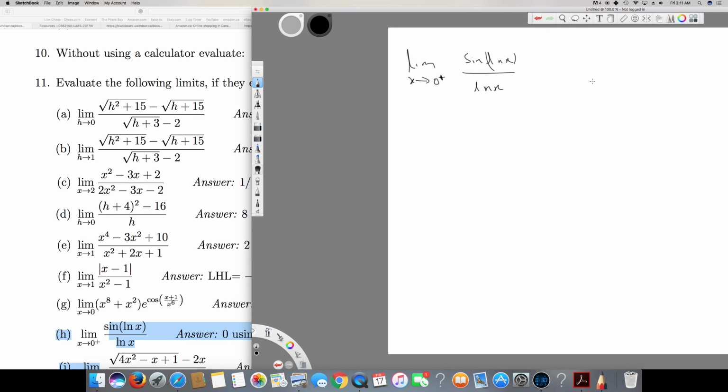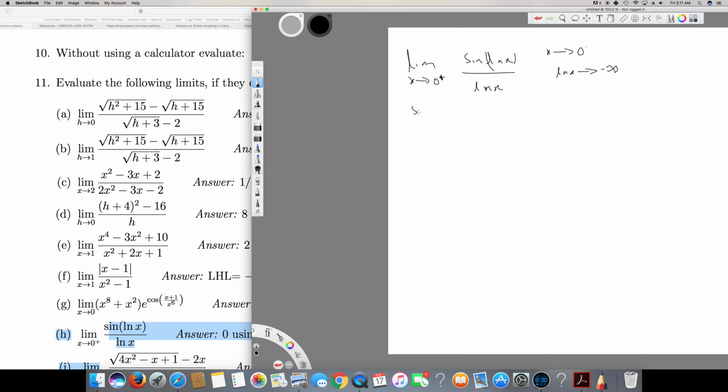Before using it, we have to know that when x approaches 0, ln x approaches negative infinity. So we have to note that one point. This is what we have to know before we do this question.